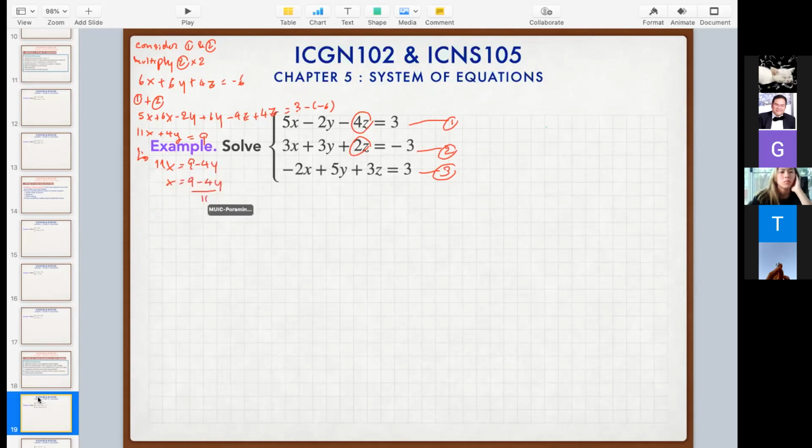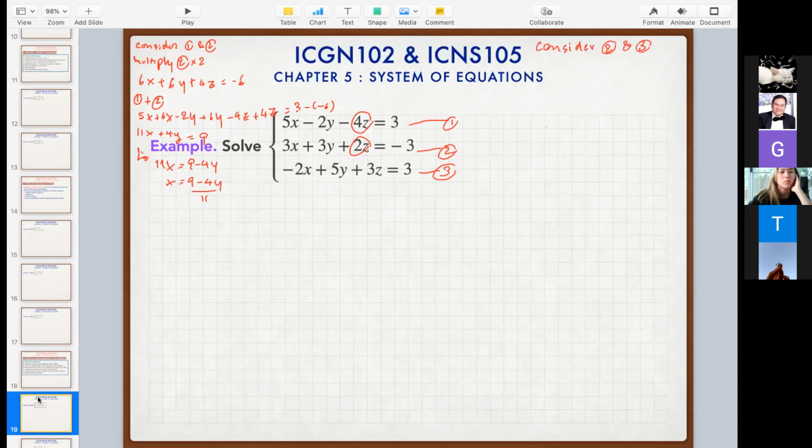Okay, this is the value of x. After that, I have to consider equation 2 and 3. From equation 1 and 2 I can get rid of variable z already. Now I have to consider equation 2 and equation 3.